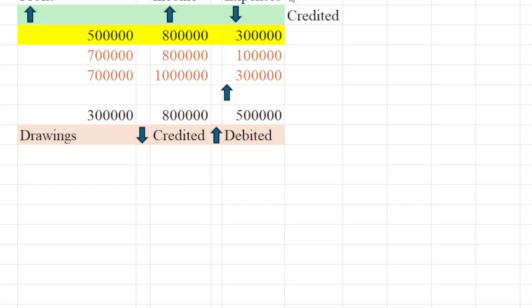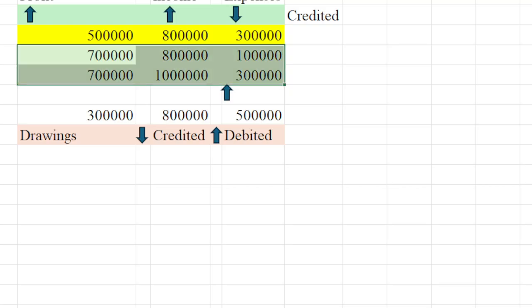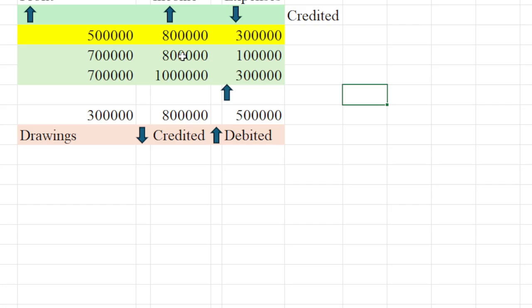Let's put it in green. This is when income increased and expense decreased, the result is that profit moves upward, which means an increase in profit. Therefore, we credit the transactions whenever income increases and expense decreases, because it affects the obligation to repay back to the owner by increasing the additional profit.